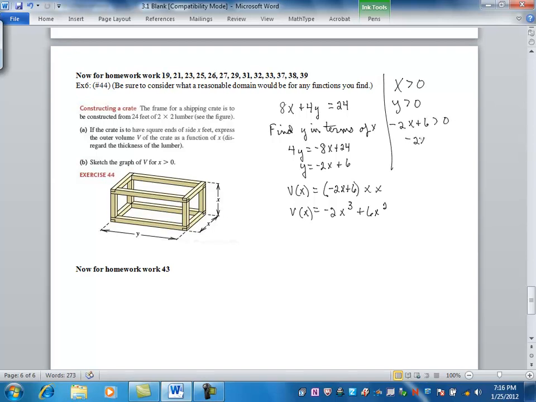So negative 2x is greater than negative 6, meaning x is less than 3. Well, we said here x has to be greater than 0. X has to be less than 3. So we know our reasonable domain is between 0 and 3.